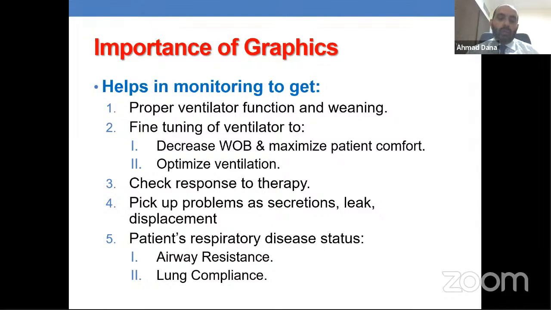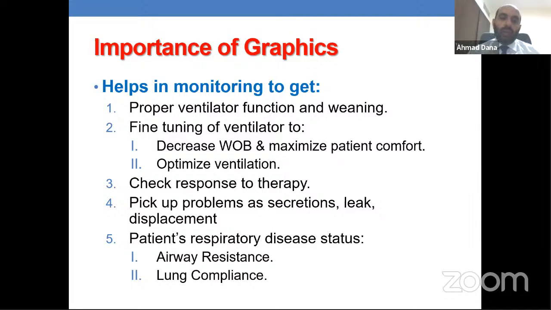Before, what we used to do, we just put the baby on the ventilator and we don't know what's going on. We are checking just the oxygen and the blood gas. Now, the problem is that we don't know what happens with the baby. So you are putting him on something which is unusual, which is non-physiologic. You put the baby on the machine, but you don't know what's going on.